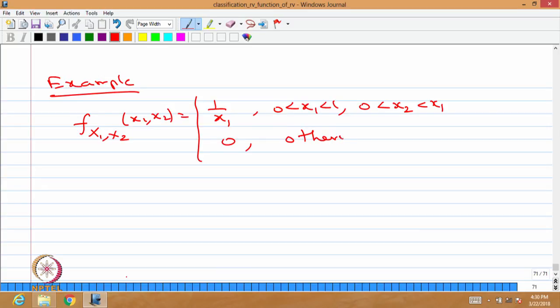We have already computed the expectation of x1, expectation of x2, expectation of x1 square, expectation of x2 square, then expectation of x1 x2. Using that we got the covariance between x1, x2 and also the variance of x1 as well as variance of x2.